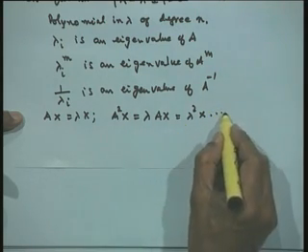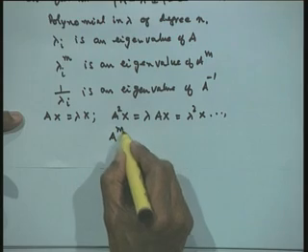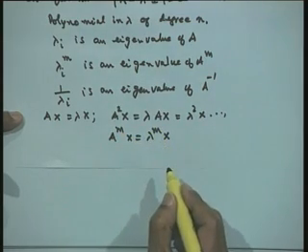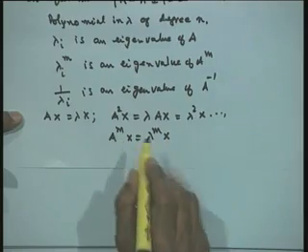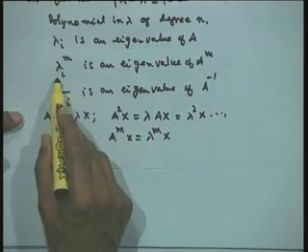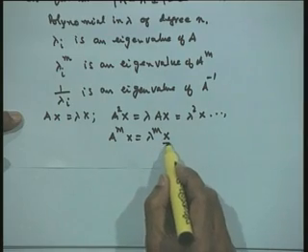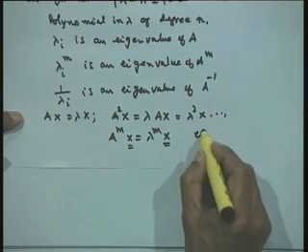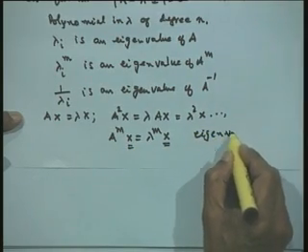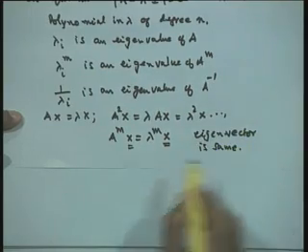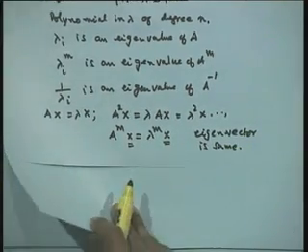If I continue on, I get A to the power of m x is lambda to the power of m x. Therefore the eigenvalue lambda I to the power of m is the eigenvalue of A to the power of m, but the eigenvector is the same. It is important for us to know that the eigenvector does not change.